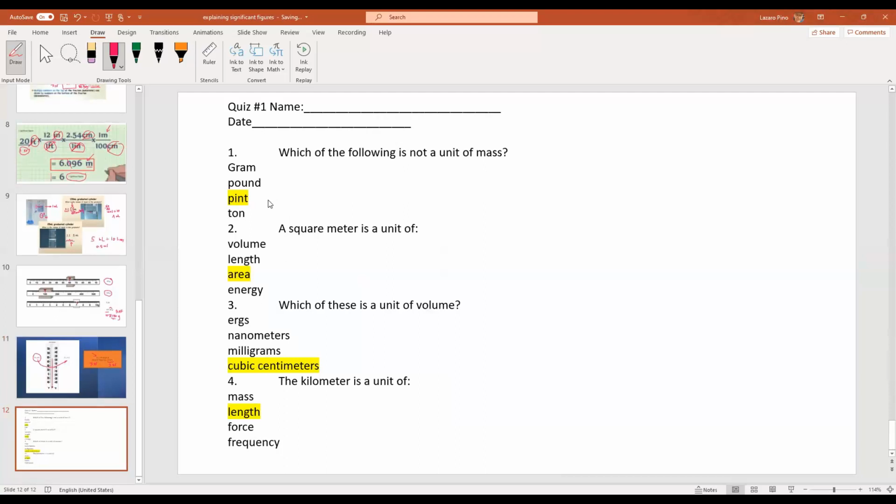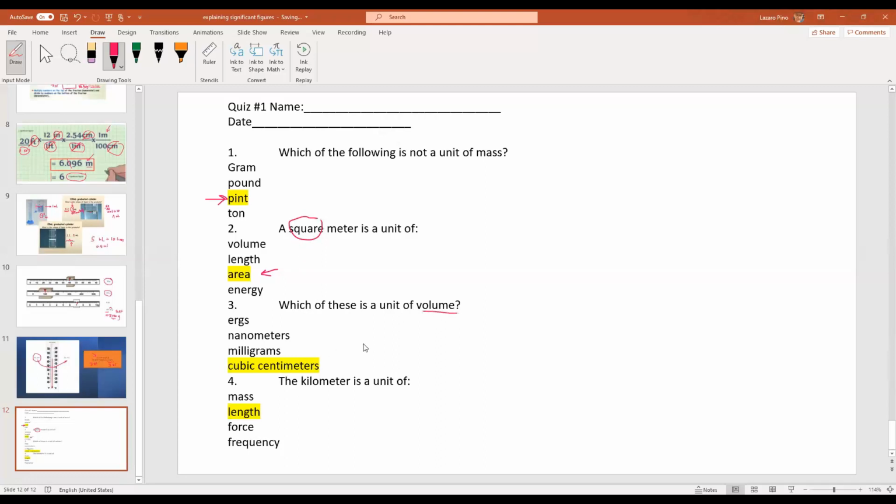In the quiz, you have the unit that is not a mass unit, in this case it was this. The square meter is a unit of what? Every time you see a square, it's because it's area. If it is cubic, it's volume.